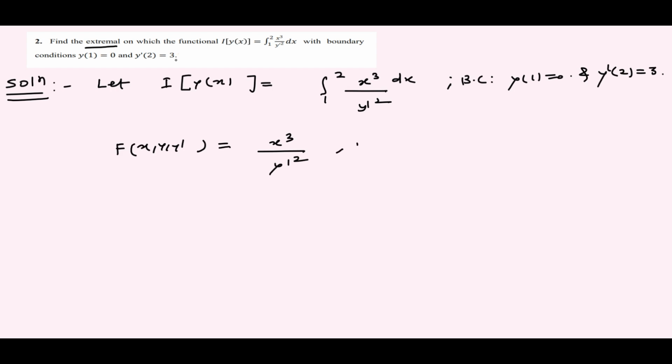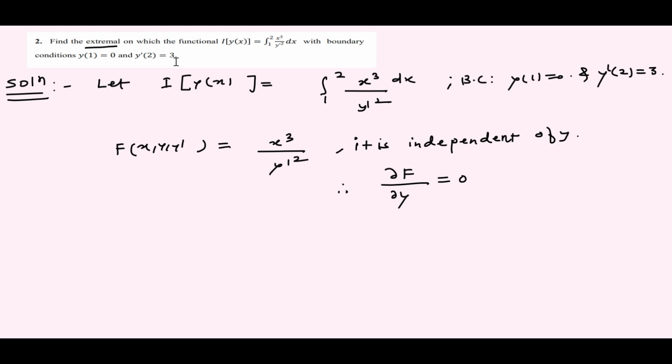you can see it is independent of y. Independent of y means we can say the partial derivative of f with respect to y has to be 0.